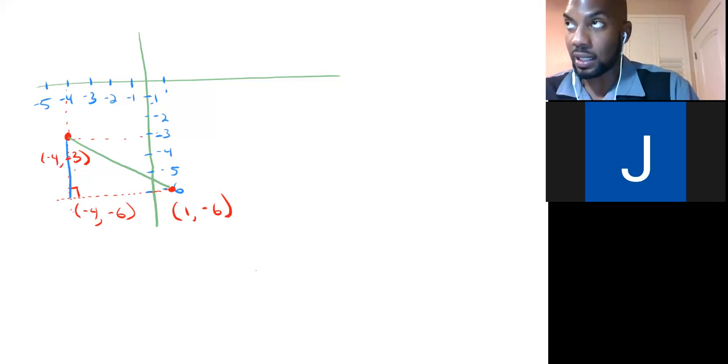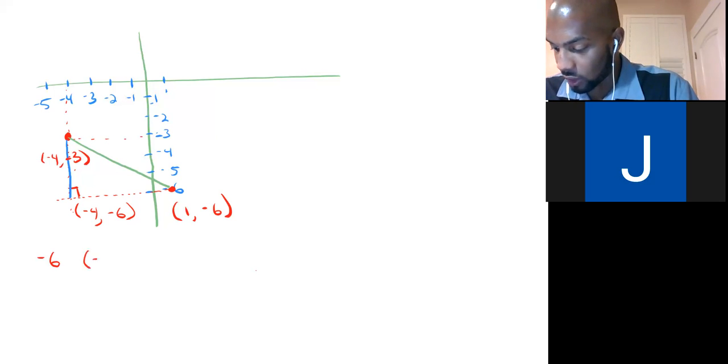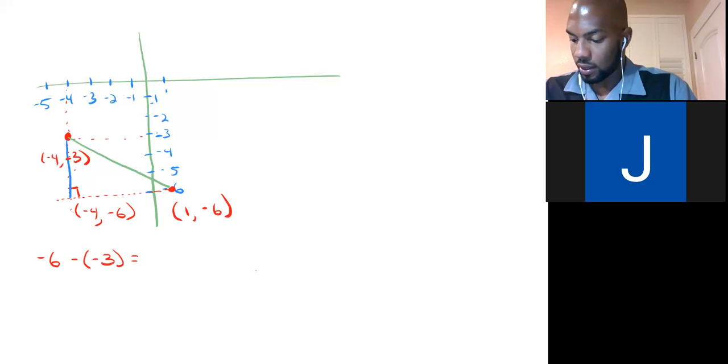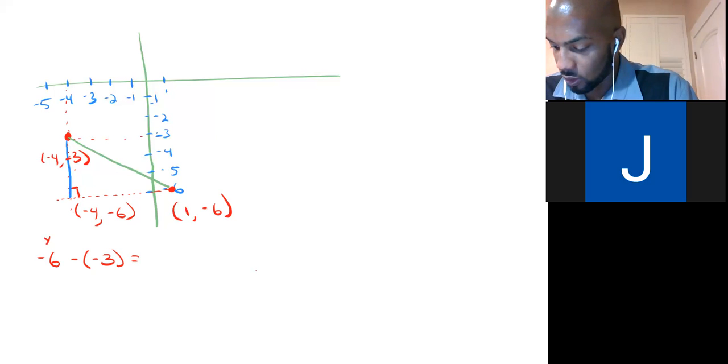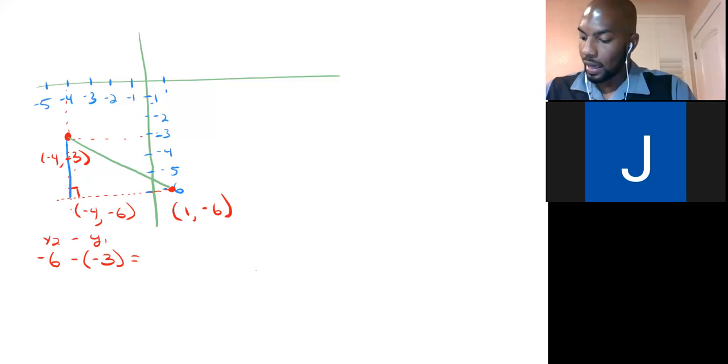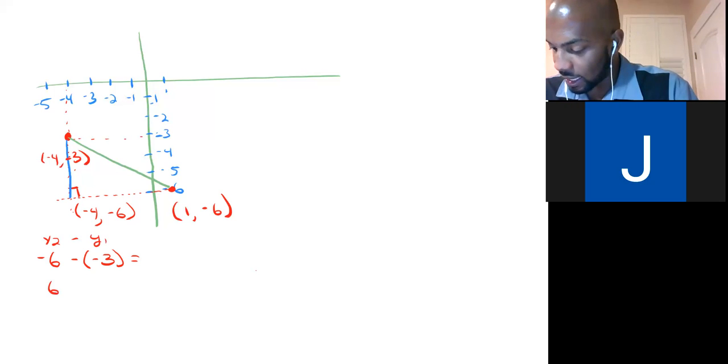If I want the distance between two numbers, I go where I'm ending up minus where I started. So this can also be considered y2 minus y1. And that is -6. A negative minus a negative is a positive. So -6 plus 3 is -3.